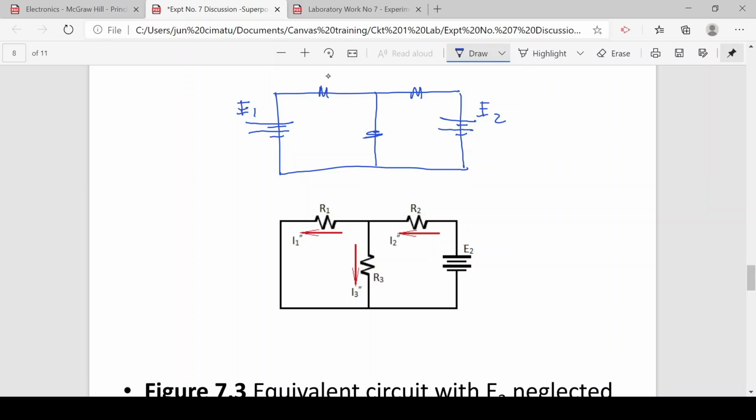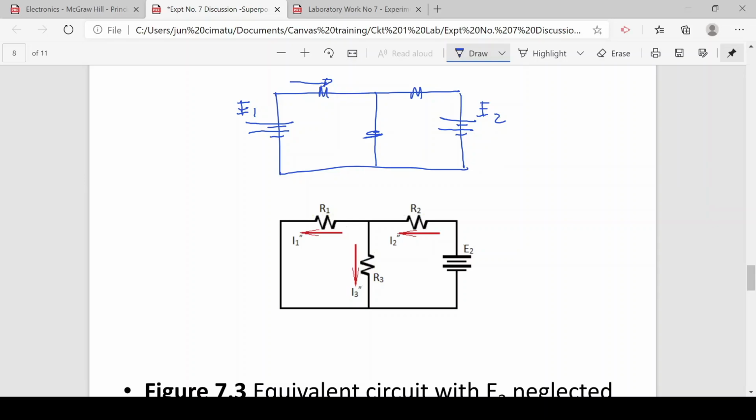Then to get the current in a branch, we shall consider the net current in the branch.